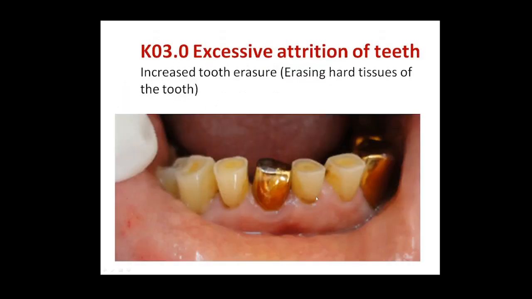And the first disease is excessive attrition of teeth or increased tooth abrasion of hard tissue of the tooth, and it's code K03.0, excessive attrition.